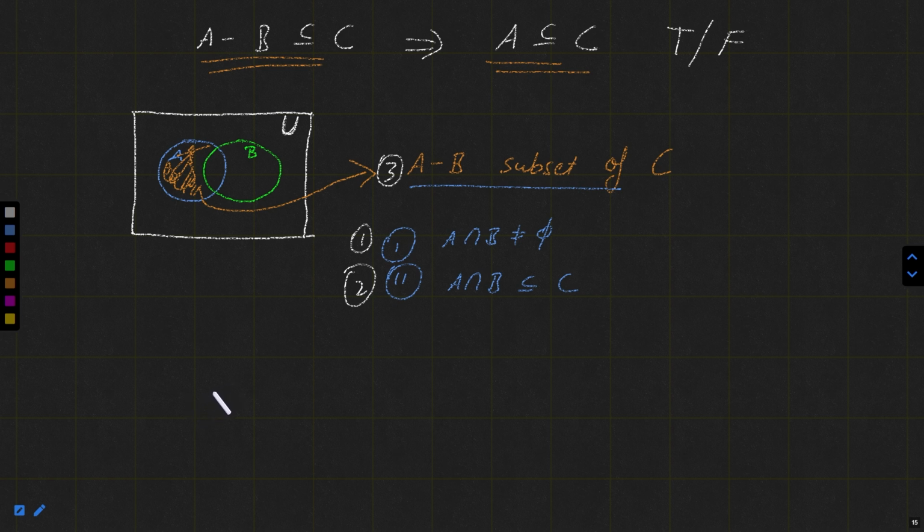Now if you see from this Venn diagram, A minus B is this part, as mentioned. Now it is a subset of C. Yes, because it is given.